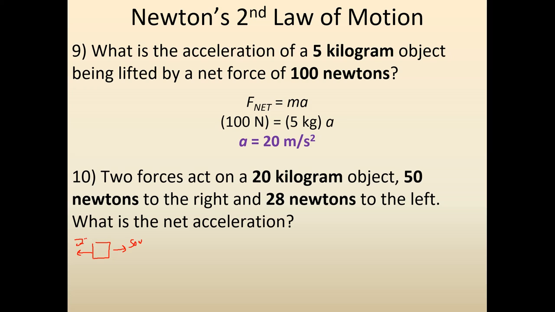So my net force, because they're in opposite directions, is going to be the difference of that. I'm going to use 22 newtons as my net force. So when I plug the numbers in, I get 1.1 meters per second squared. I might want to include the direction, since I do not have directions in this one. So this would actually be to the right, because the acceleration will always go in the same direction as the force.